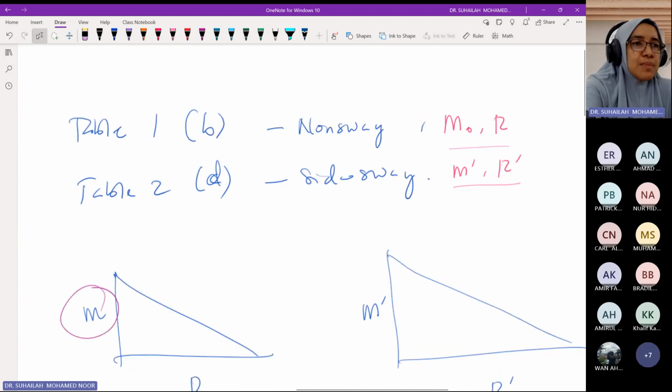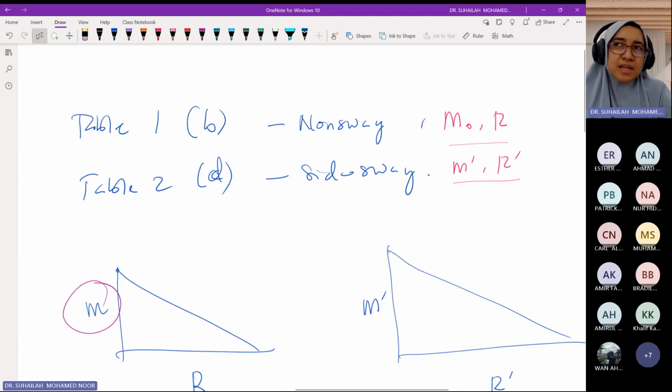Okay, ni summary about what we get actually from the two tables. Table 1 is diagram B. So you have to imagine, kalau the non-sway frame analysis, it is diagram B. B tu you kena boleh imagine, even though tak lukis pun in full principle of superposition tu, no need to draw four diagrams like what I have shown just now kan.